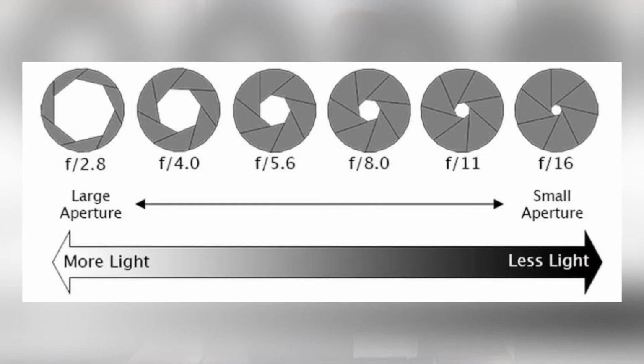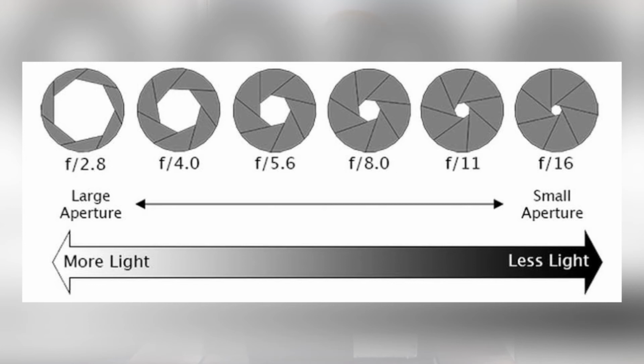Those are different apertures that you have. So the f-stop is just the numerical value used for the different apertures in a lens. You have your small apertures and you have your big apertures.